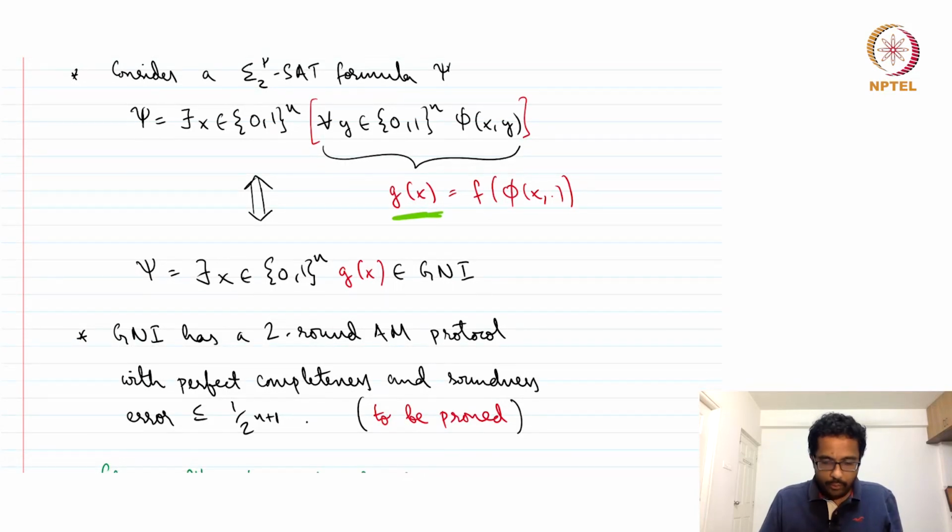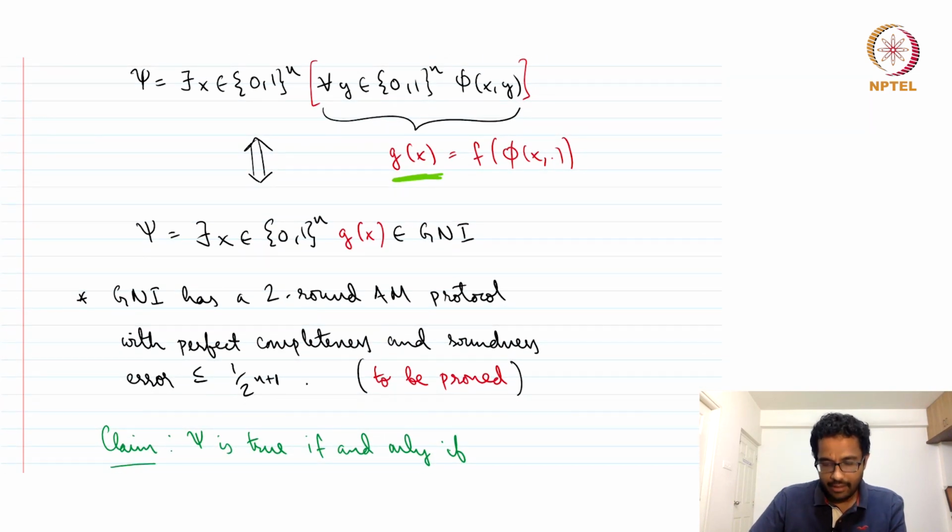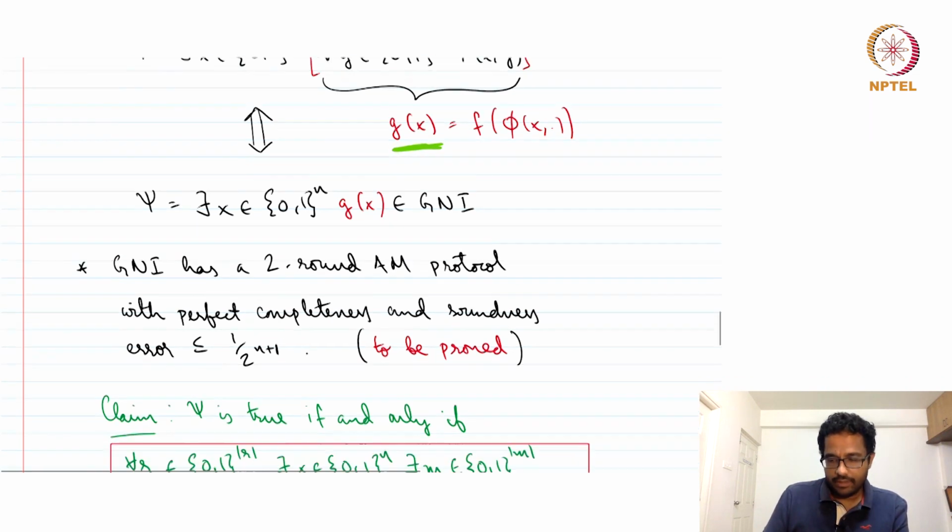And here is where what we have learned in interactive proofs comes into play. Graph non-isomorphism, we have seen, has a 2-round Arthur-Merlin protocol, with perfect completeness, and soundness error 1 divided by 2 to the power n plus 1. We can reduce the soundness error as much as possible, to 1 divided by 2 to the power n plus 1, and we also mentioned that perfect completeness can be accomplished.